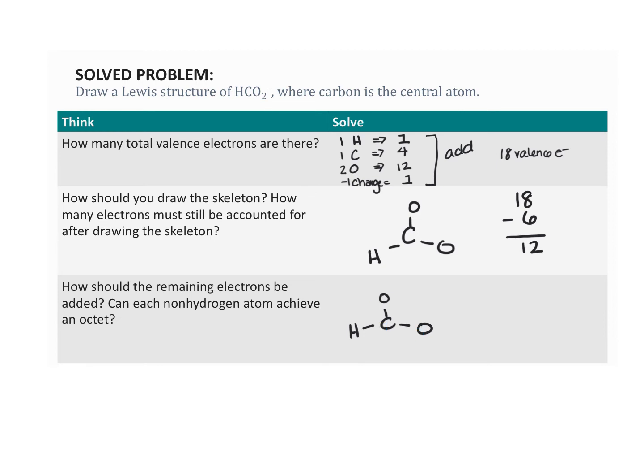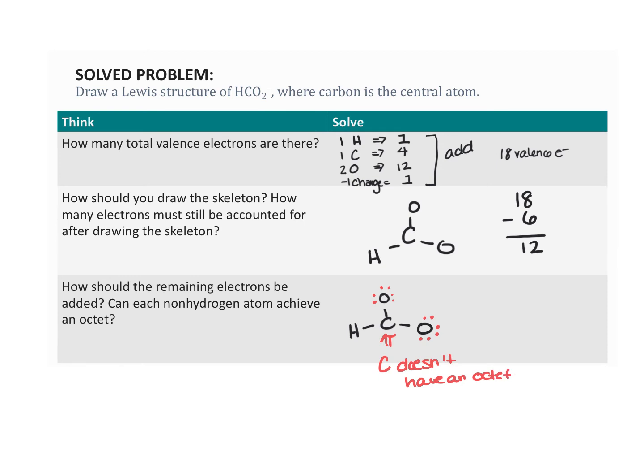So when I go through and look at this, I'm going to put electrons around my outer atoms first. So 1, 2, 3, 4, 5, 6, 7, 8, 9, 10, 11, 12. I have run out of valence electrons, but I want you to notice that carbon doesn't have an octet.